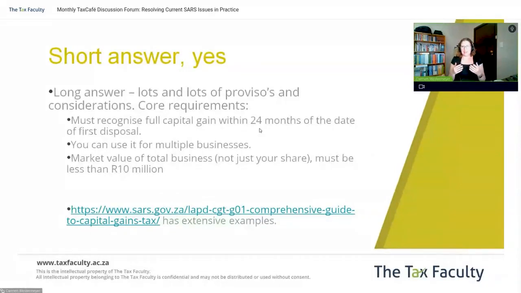Under para 13, the timing of that disposal in the sale of a farm is the earlier of when the asset is actually physically disposed of, in other words, when transfer happens, or when the agreement is concluded. So in 99% of the cases, it's going to be when the agreement is concluded.